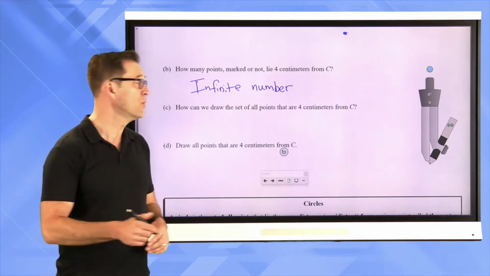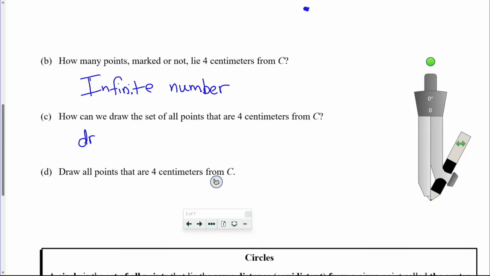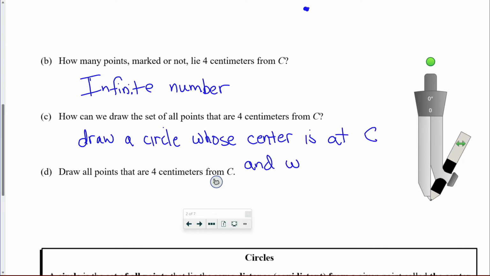All right, well, what we're going to do is draw a circle whose center is at C and whose radius is 4 centimeters.